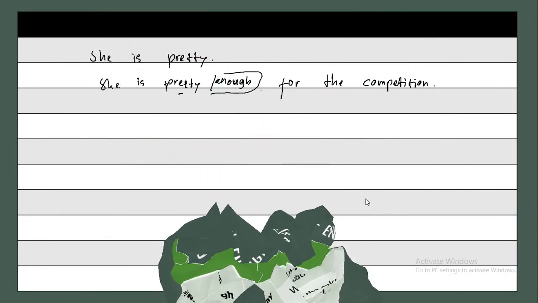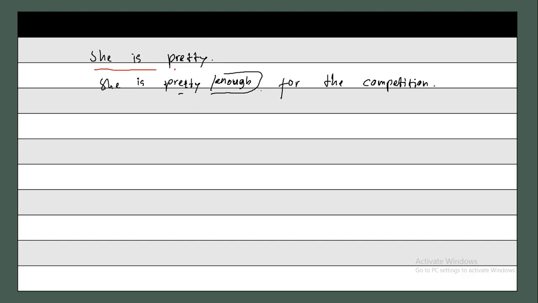That's it. For example, when we say she is pretty, this one is the simplest sentence. Now I add enough. I could say she's pretty enough and full stop here, but I think that is too simple, so I put in other information to make it as clear as possible.